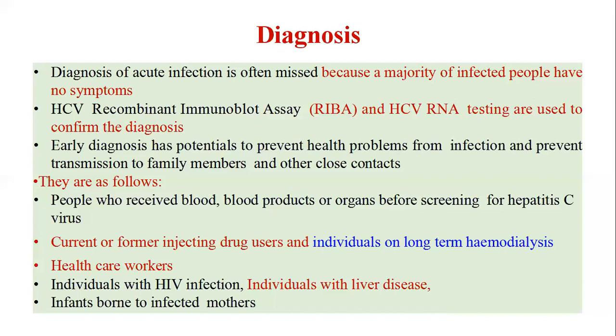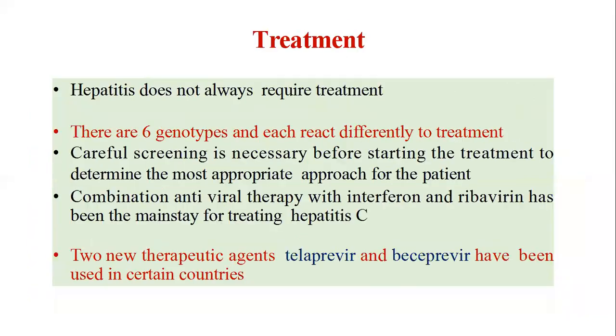People who have received blood products or organs before screening for hepatitis C virus, current or former injecting drug users, individuals on long-term hemodialysis, healthcare workers, individuals having HIV infection, individuals with liver disease, and infants born to an infected mother. So you can go for early diagnosis, and for that, you have to follow the two mentioned methods.